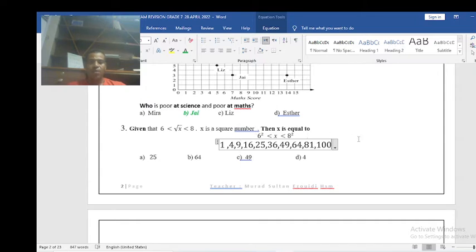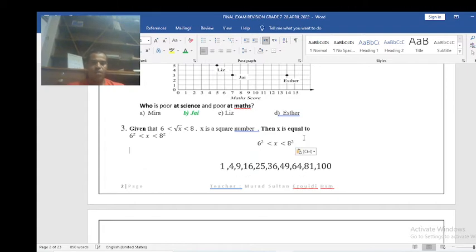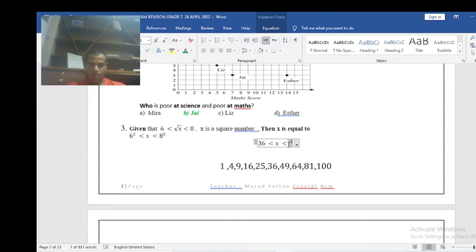Now I'm going to guess which one satisfies my inequality. 6 squared, learners, is what? Therefore we have 6 squared is 36. So 36 is less than x, less than 64.